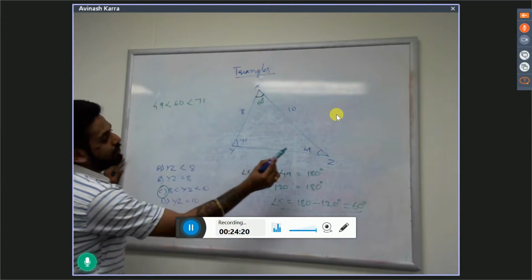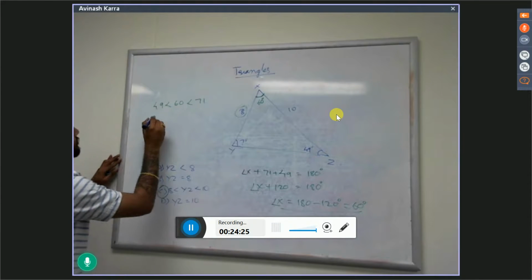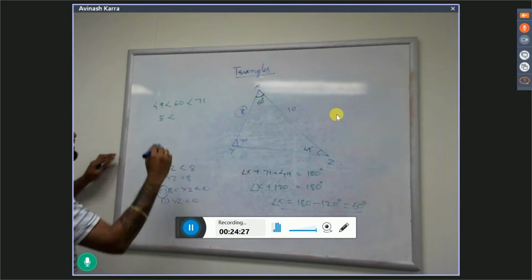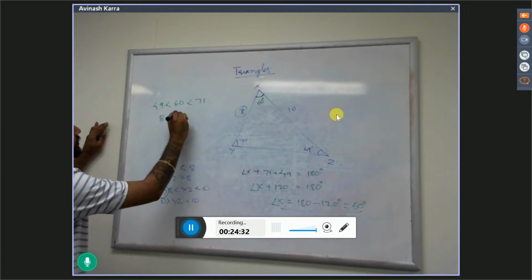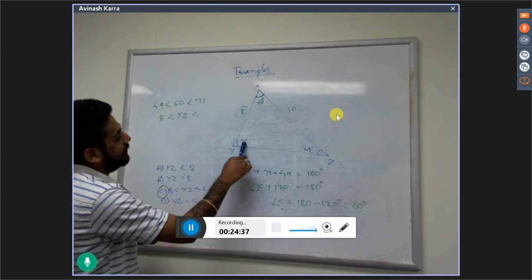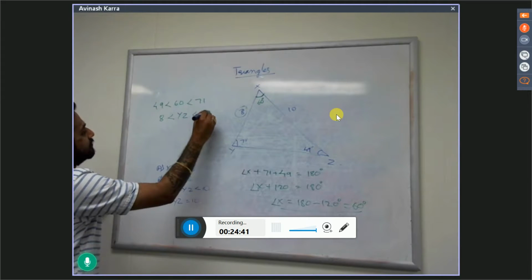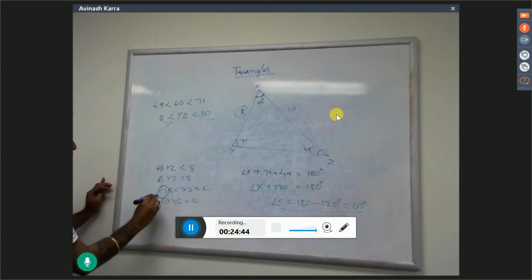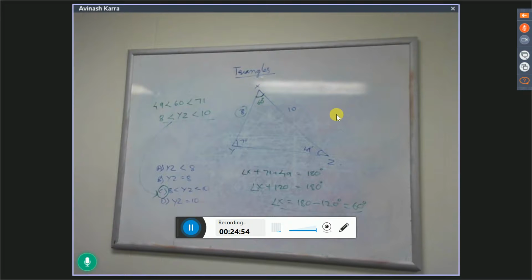And what is the corresponding side to 49 degrees? This one, right? So 8 is less than, what is the corresponding side to 60? YZ, less than, what is the corresponding side to angle 71? 10. Got it? Yeah.